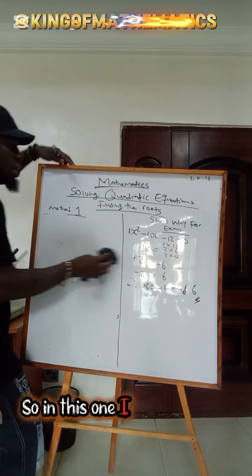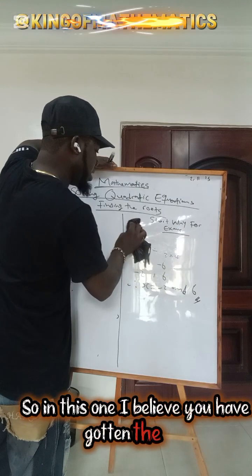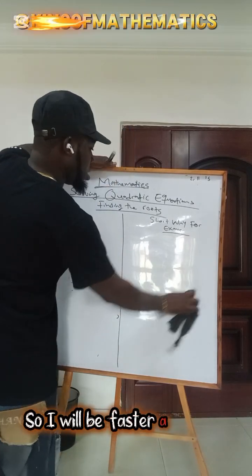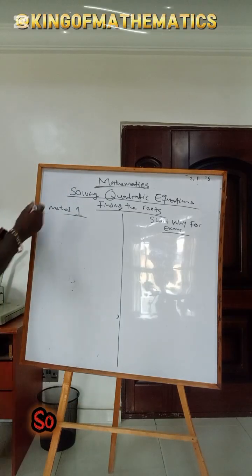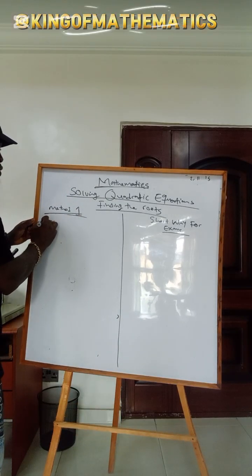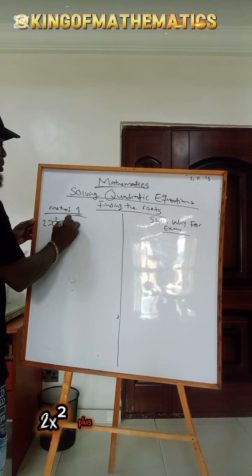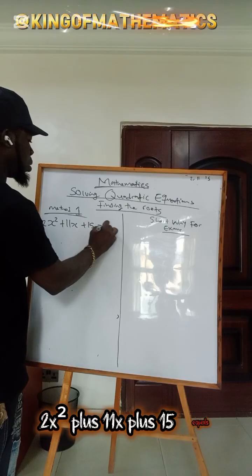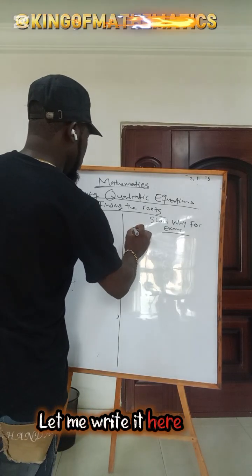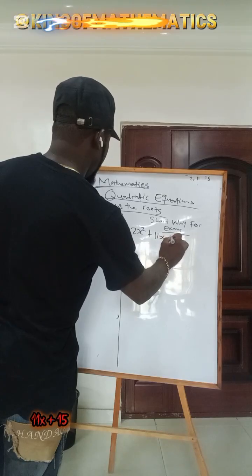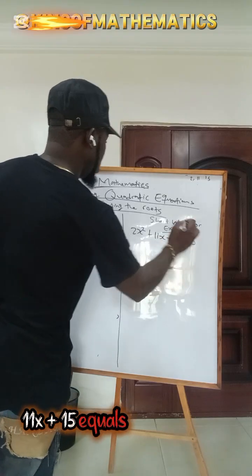In this one, I believe you'll have gotten the idea, so I will be a little faster. Let's say we have 2x squared plus 11x plus 15 equals 0. Let me write it here too. 2x squared plus 11x plus 15 equals 0.